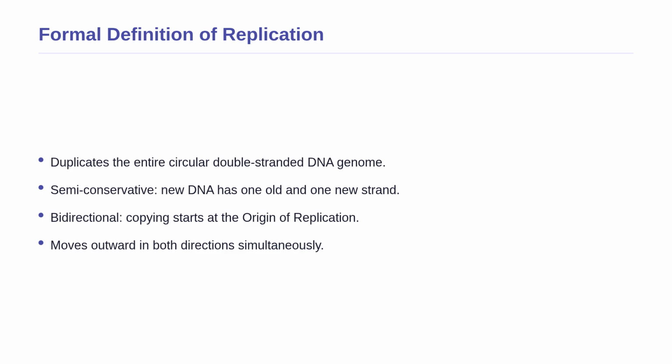This means that when the copying is done, each new DNA molecule consists of one old, original strand and one newly synthesized strand. It is also bidirectional. Instead of starting at one end and going to the other, the copying starts at a specific single spot called the origin of replication. From there, it moves outward in both directions simultaneously, which makes the whole process much faster.